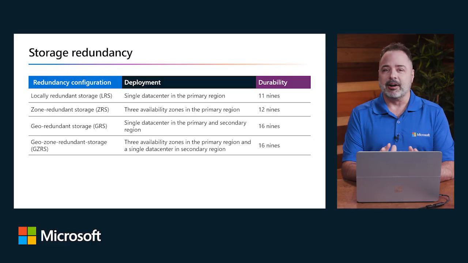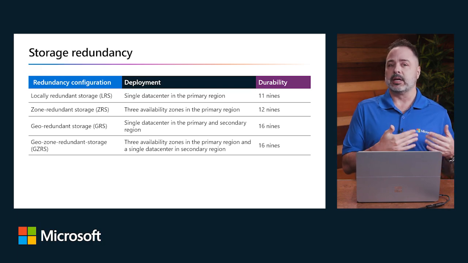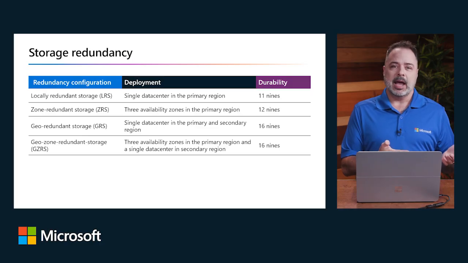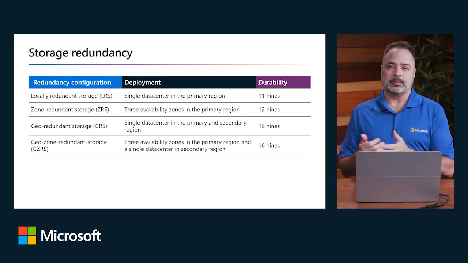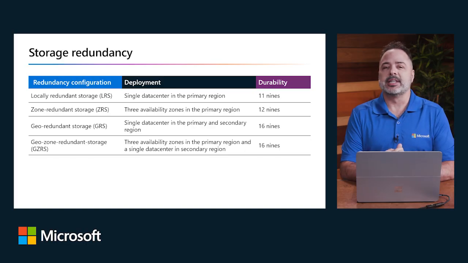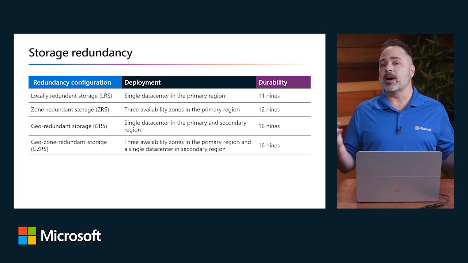In GZRS, your data is copied synchronously across 3 availability zones in the primary region using zone redundant storage, and then replicated using geo-redundancy to another region. This ensures that your data remains available even if one of your availability zones experiences an outage or if the entire region were to fail.